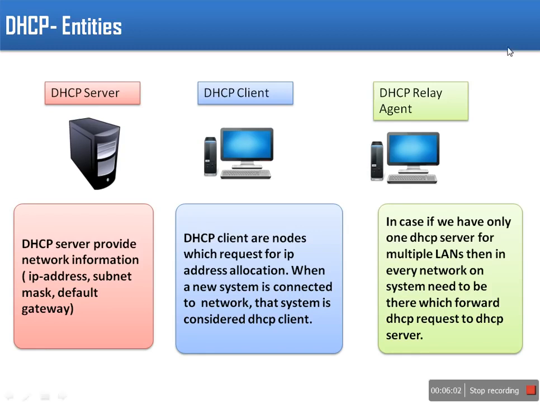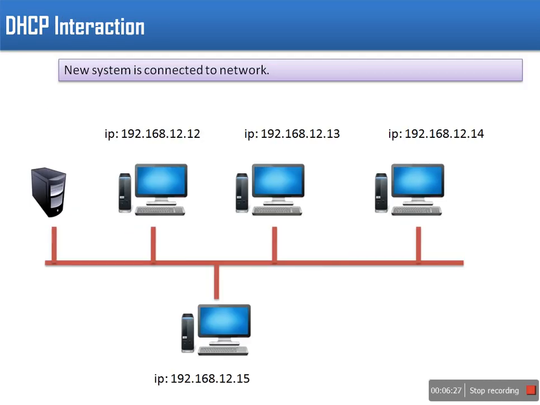So using a DHCP relay agent we can configure multiple LANs with a single DHCP server. In total we have 3 entities: the DHCP server, which provides network details; the DHCP client, which requests those details; and the DHCP relay agent, which forwards the DHCP request to the DHCP server if that server is available in another LAN. Now let's start how the DHCP server and DHCP client interact.